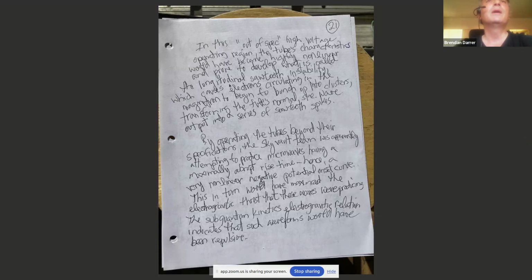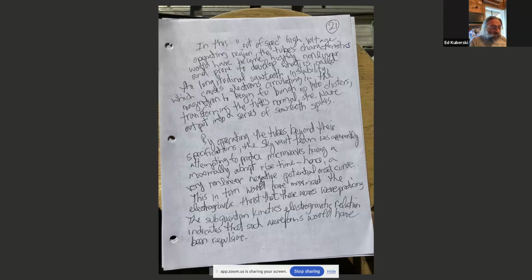In this out of spec high voltage operating region, the tube's characteristics would have become highly nonlinear and prone to develop what is called the longitudinal sawtooth instability, which causes electrons circulating in the magnetron to begin to bunch up into clusters, charge clusters, sounds like, transforming the tube's normal sine wave output into a series of sawtooth spikes.